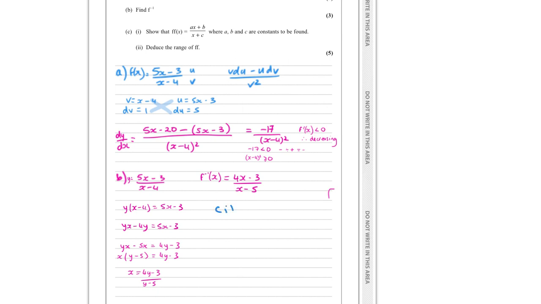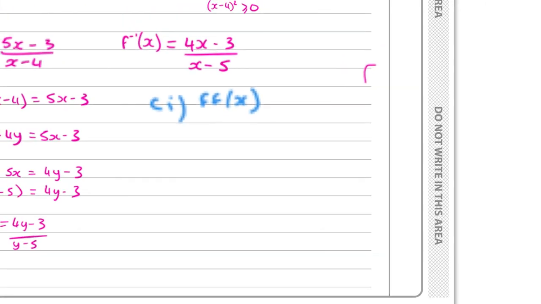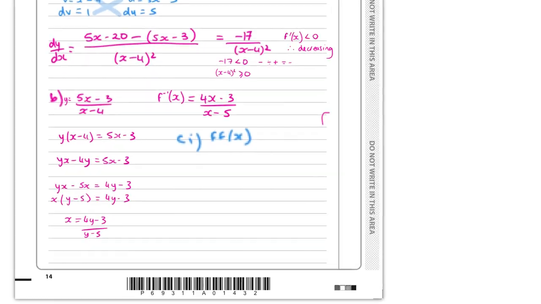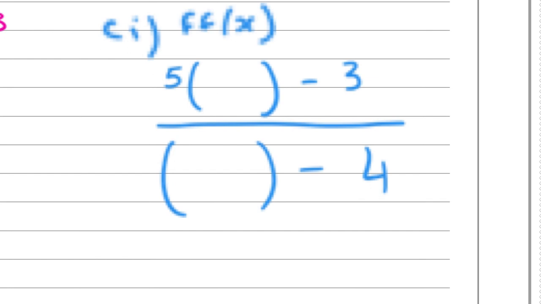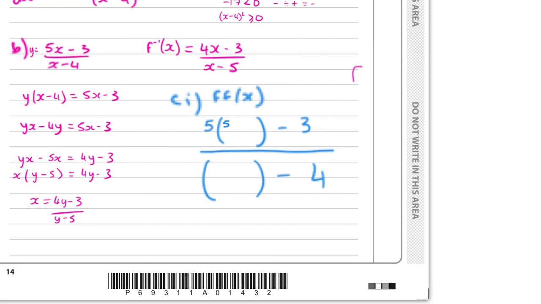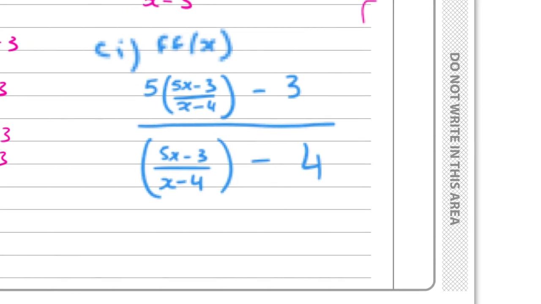Okay, part C, find f of f of x. So 5 lots of 5x minus 3 over x minus 4, minus 3, over that same thing minus 4. Now, in this case, our x is in fact our 5x minus 3 over x minus 4. This is what I'm going to substitute into my function, because it's a function of f.